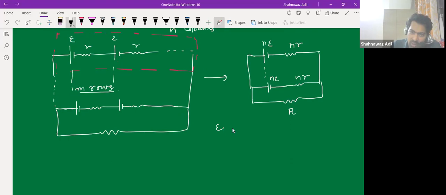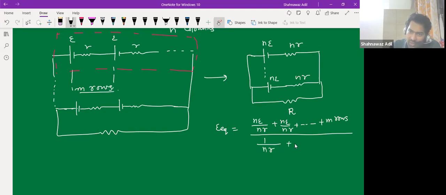So E equivalent would be NE by NR plus NE by NR plus so on up to M terms, right? And then we have 1 by, let's say, NR plus 1 by NR up to M values.